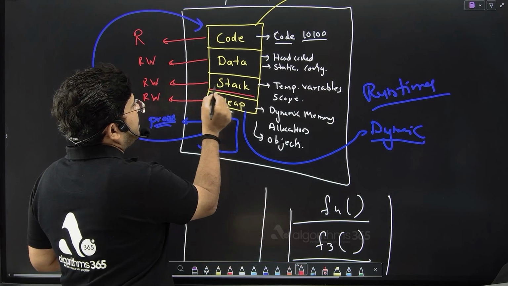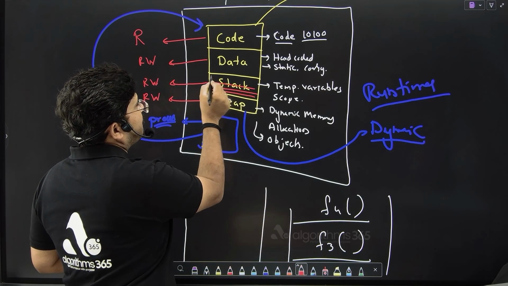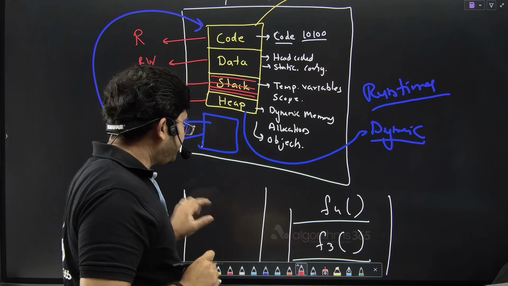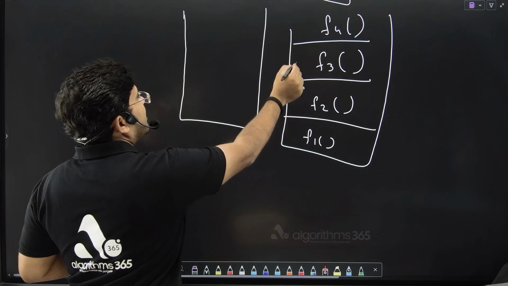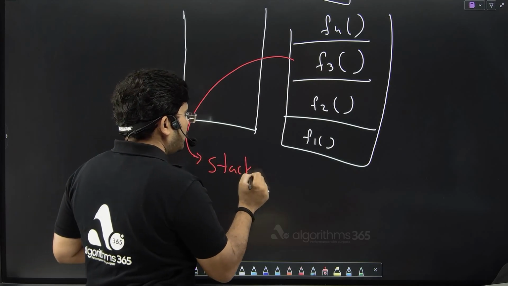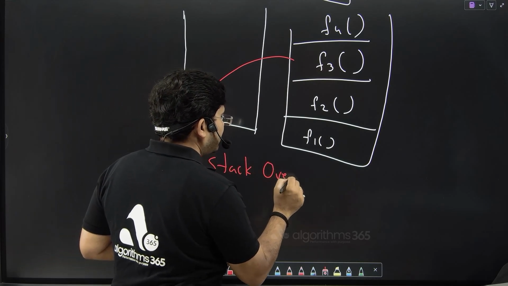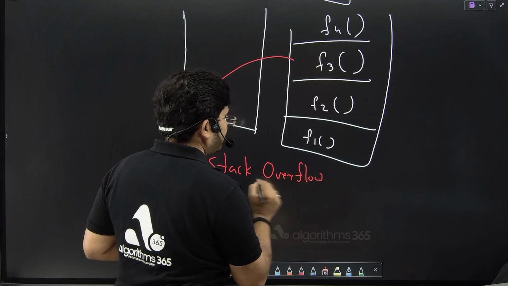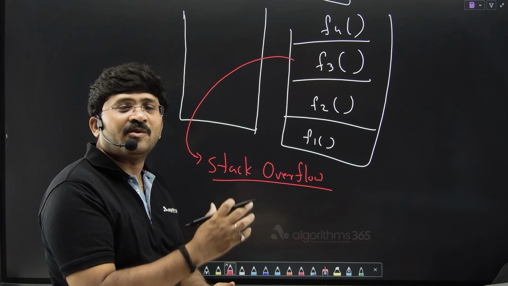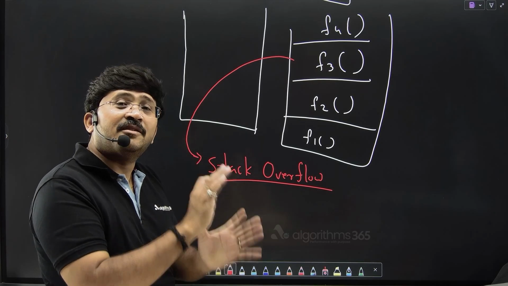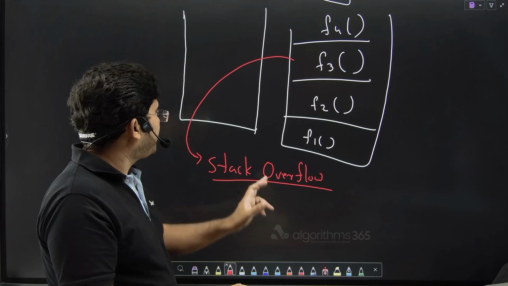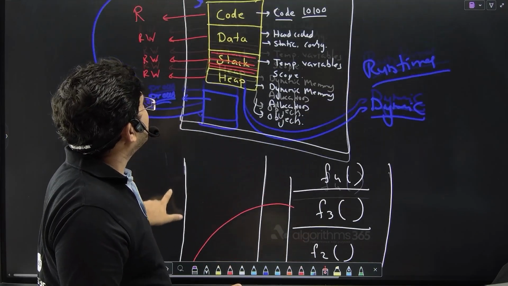Your stack memory keeps on growing and finally it will become full. And when it becomes full, what is it called? This is called stack overflow. So your stack has become full, and your program will crash or stop. Okay, stack overflow, or the stack memory is full.